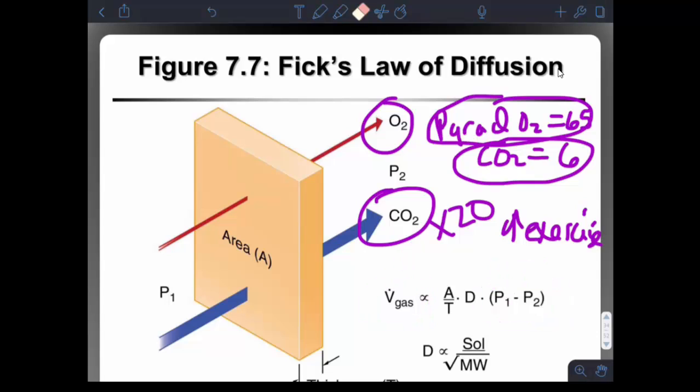So during exercise, the pressure gradient at the alveoli and in the cells of both oxygen and CO2 is greater, and this is the gas diffusion rate.